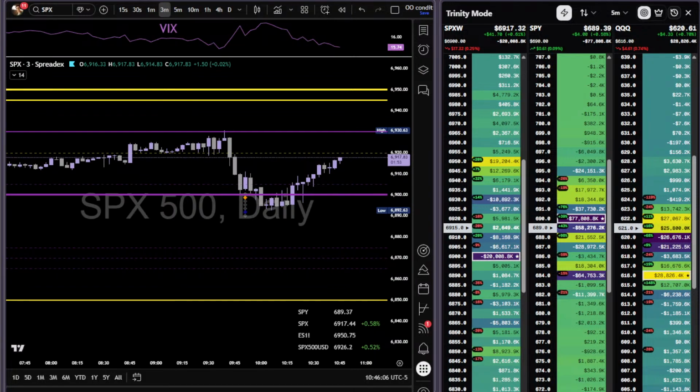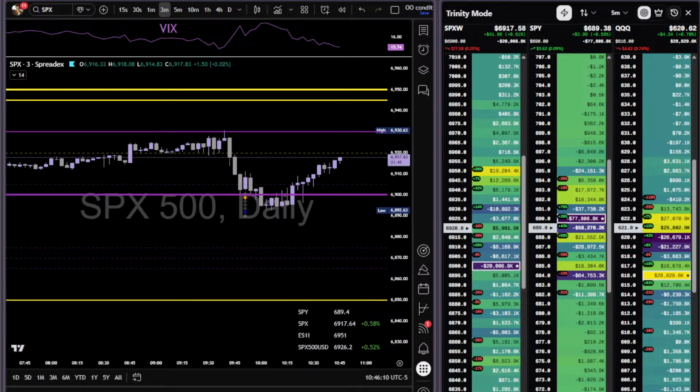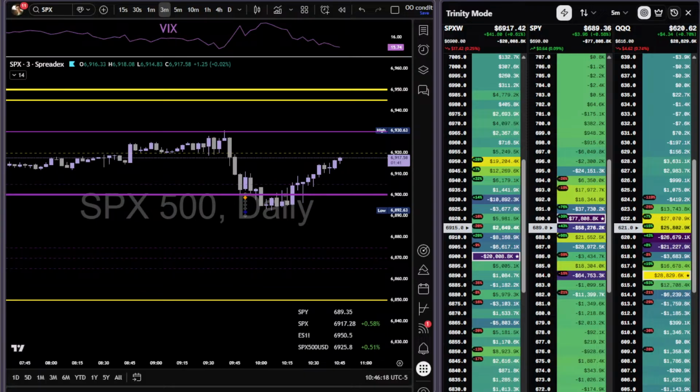I got 1 runner left. Move my stop up. All right, that kind of broke the water right there, didn't it? Broke the seal.